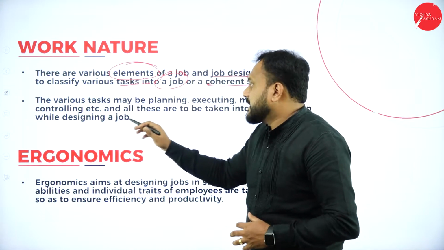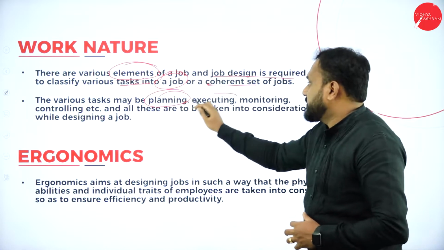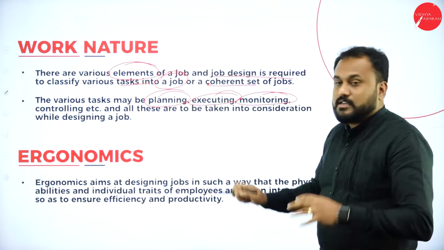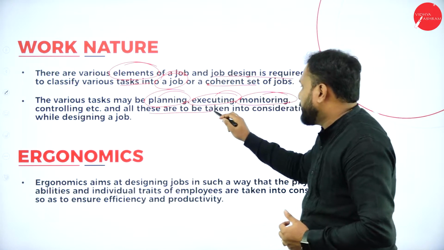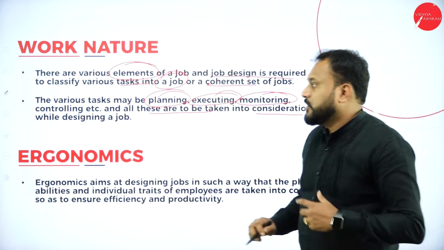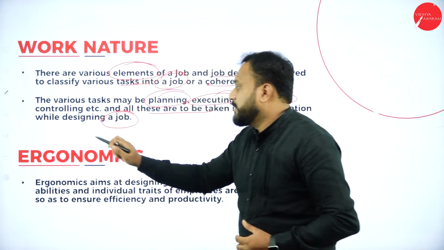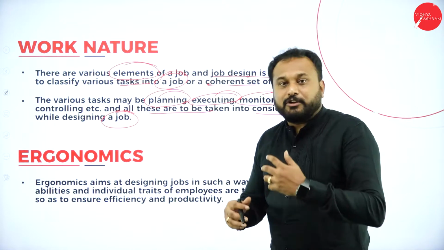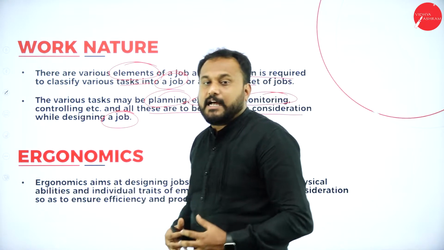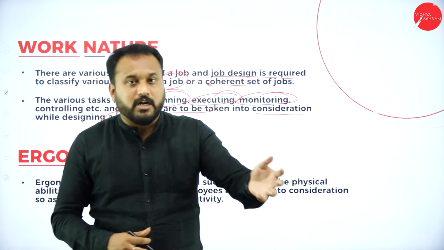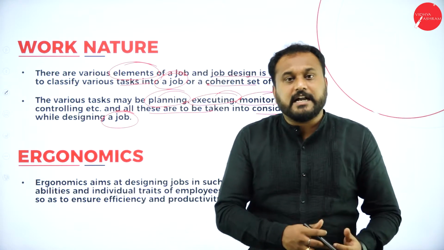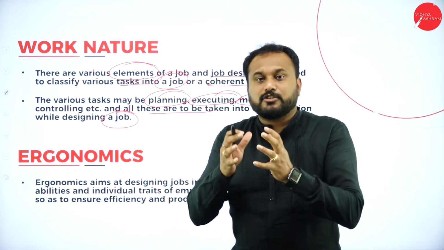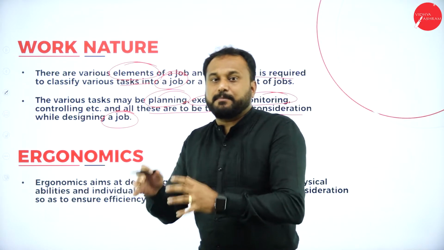Now the various tasks may be planning, executing, monitoring, controlling, etc. And all these are to be taken into consideration while designing a job. Now what exactly is it? When you plan, you are supposed to think whether it is feasible or not. When you execute it, and then if you feel that we can't achieve it, that is where the job design will have a problem.